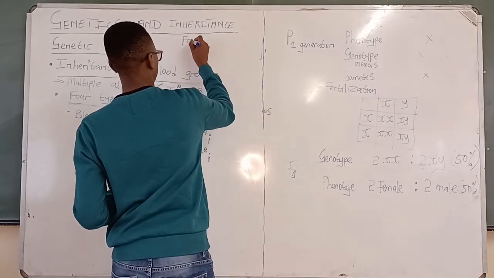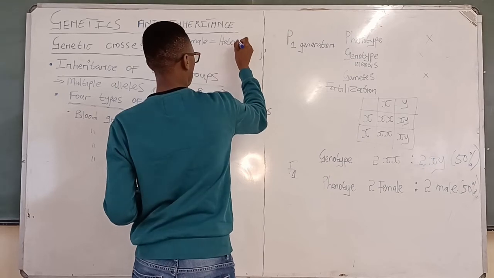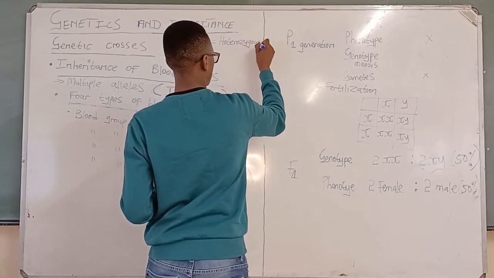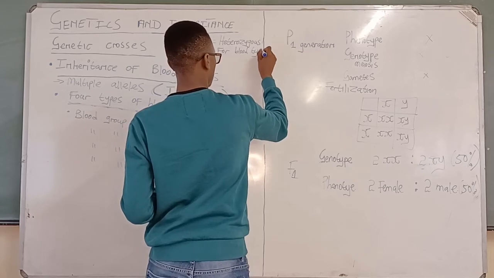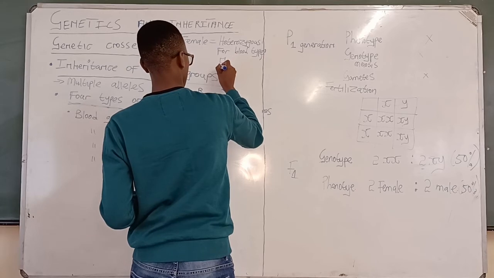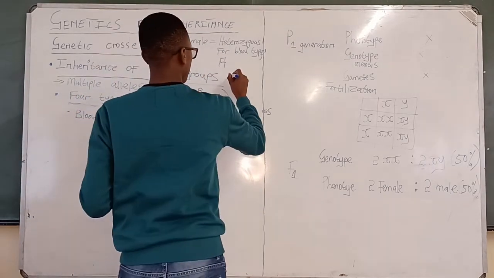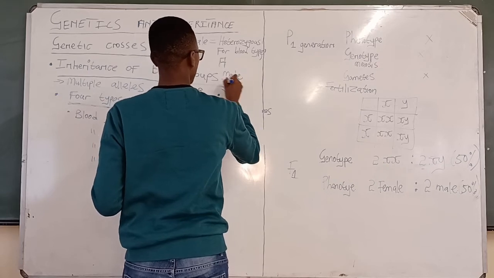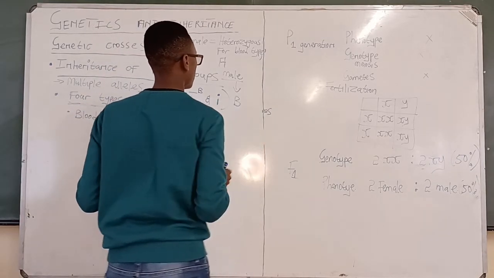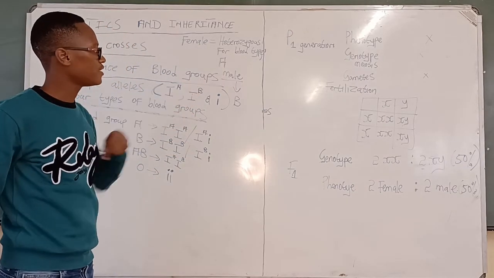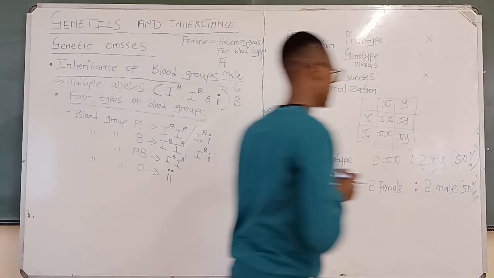The female is heterozygous for blood type A, and then a male is heterozygous for blood type B. And then these two couple, they want to marry and have kids.